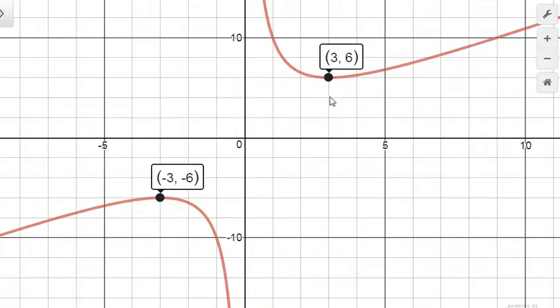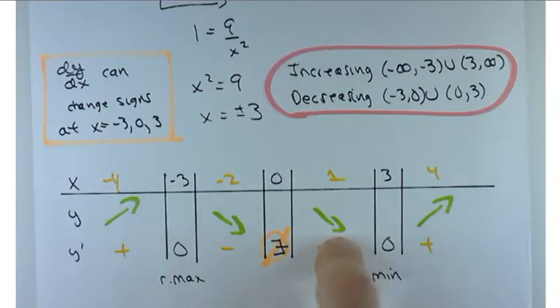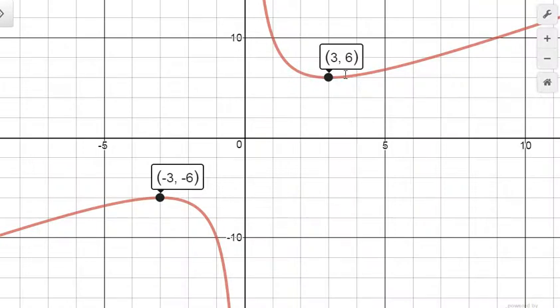But between 0 and 3, right here, what's happening to the function? It's decreasing again, right? So it's decreasing here. It's decreasing here. That matches what we had over here, decreasing and decreasing. So if you're wondering, how could that happen? Now you see it. And last but not least, to the right of 3, it started increasing again. Oh, okay, there you go. Perfect.